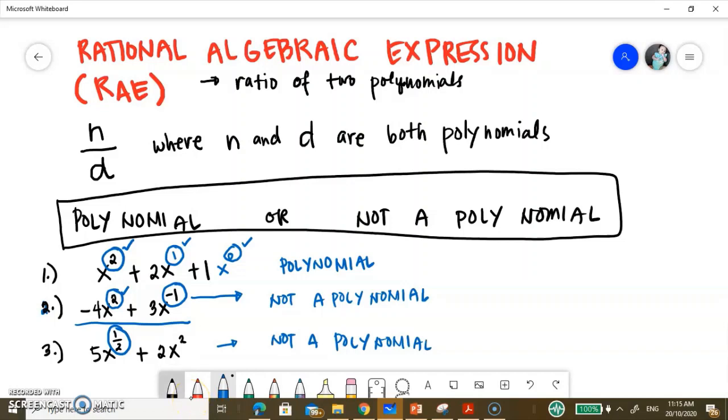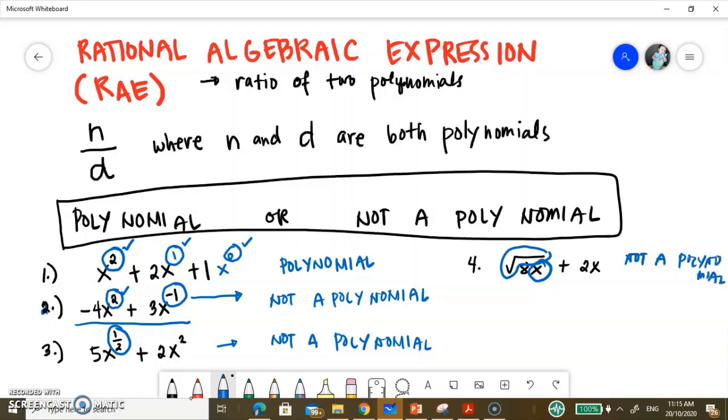Another example, if you have, say, the square root of 8x plus 2x. Okay? Just this, there is already a radical sign. Then, inside there is a variable. So, this is not a polynomial.